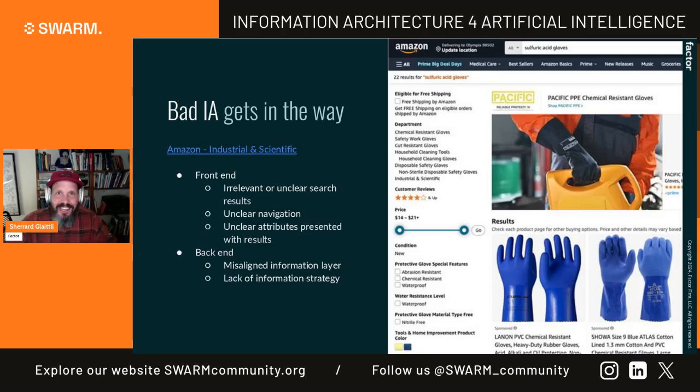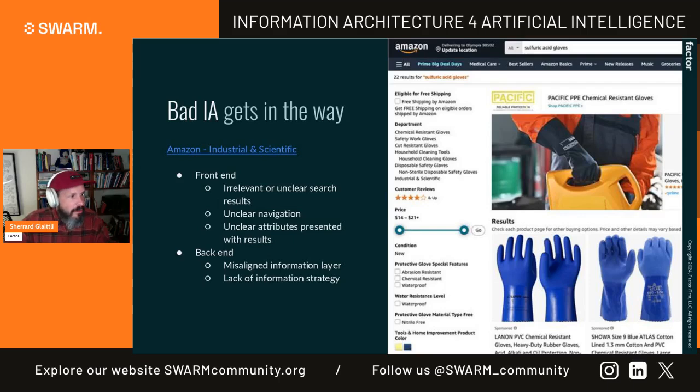And in this case, the advertising business has shown that it is the larger priority here than the findability of the products. The findability and the conversion of the products is incidental and probably just a side effect of the network effect of Amazon. So they don't feel that they need to apply a rigorous information architecture strategy just by virtue of their traffic.